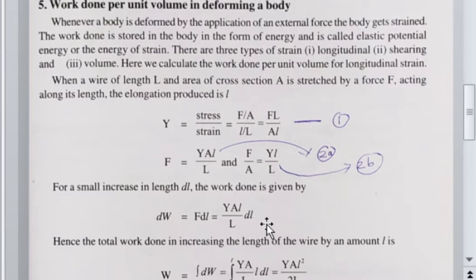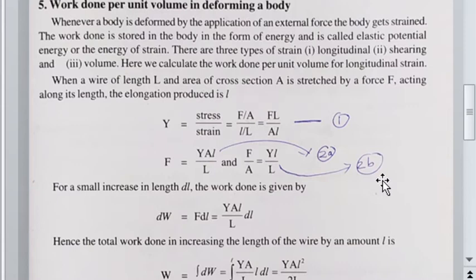From this we can easily calculate the total work done by integrating this equation. So W is equal to integral dW, from the limit 0 to l, of YAl divided by L into dl. We know that the integration should be done with respect to l, so I am taking all other factors outside.